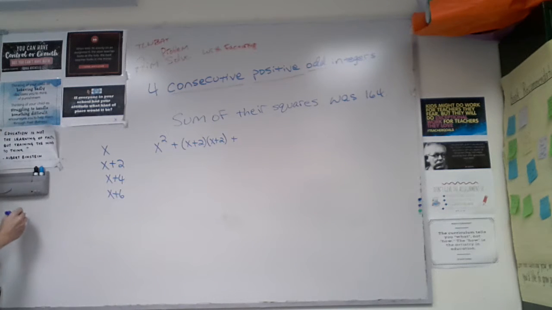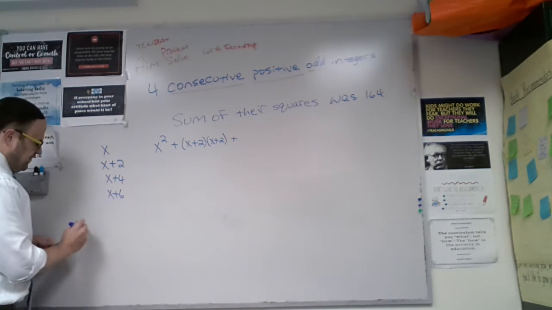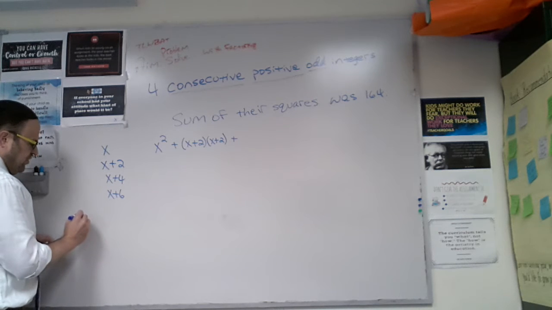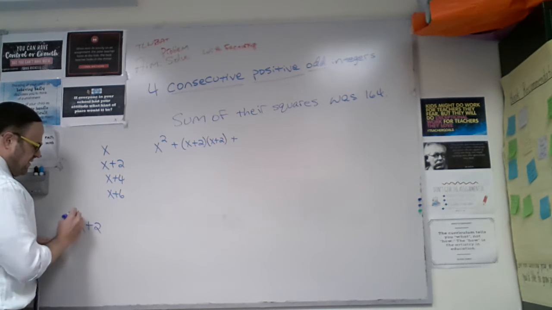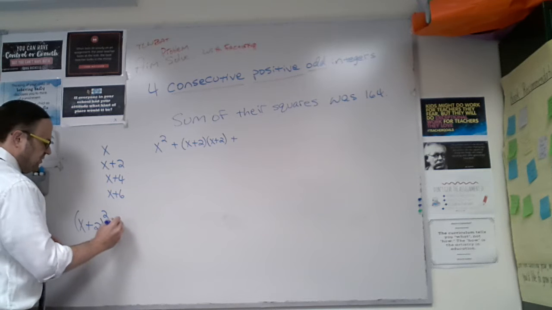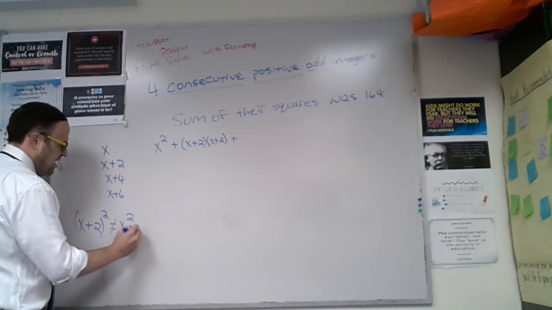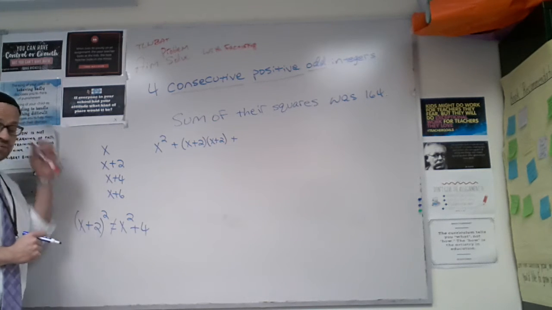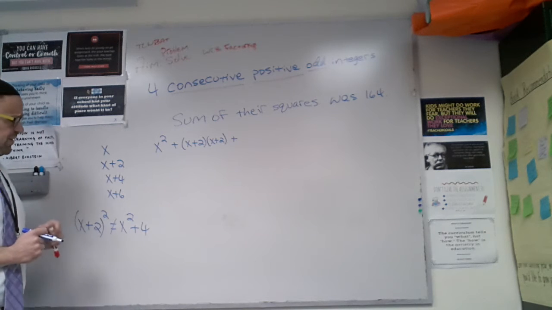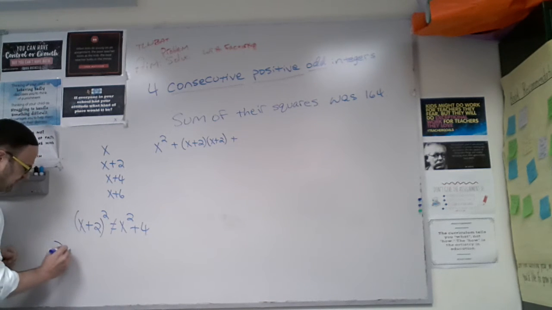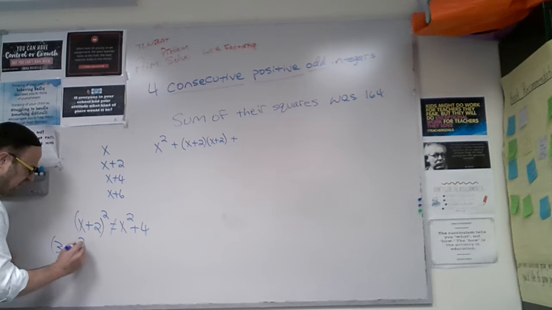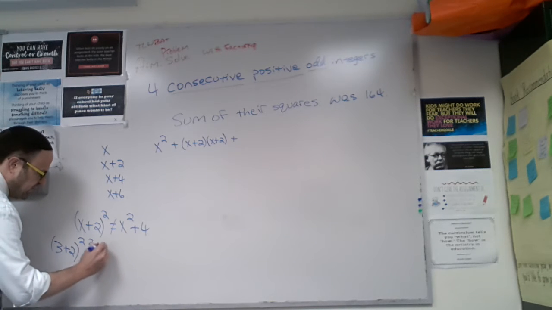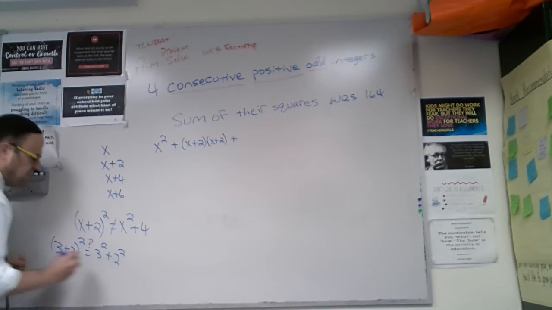Side reminder, I'm going to keep reminding people of this until I'm sure that nobody is making this mistake. X plus 2 squared does not equal x squared plus 4. Very important. If I gave you 3 plus 2 squared, is that equal to 3 squared plus 2 squared?